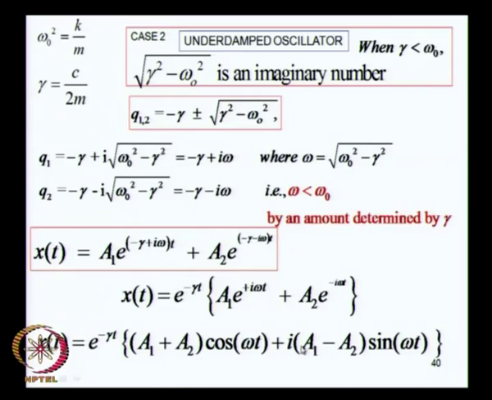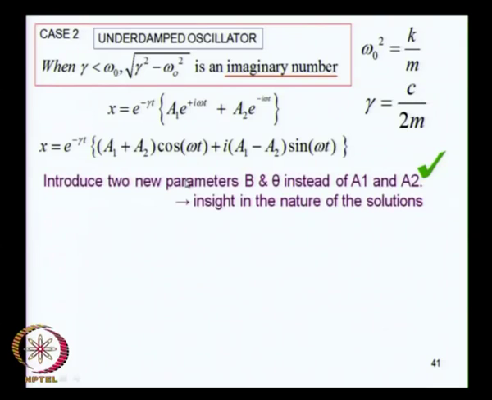This is a nice way of looking at it, because when you write it as such, you can transform this form of the solution in terms of cosine and sine functions by introducing two parameters b and theta instead of a1 and a2. As long as we do not introduce additional parameters, we are okay.